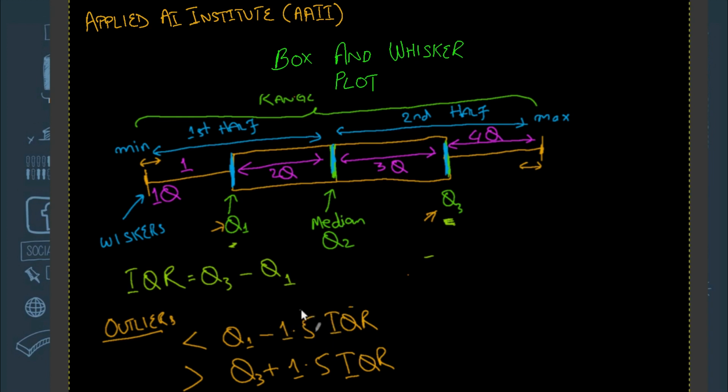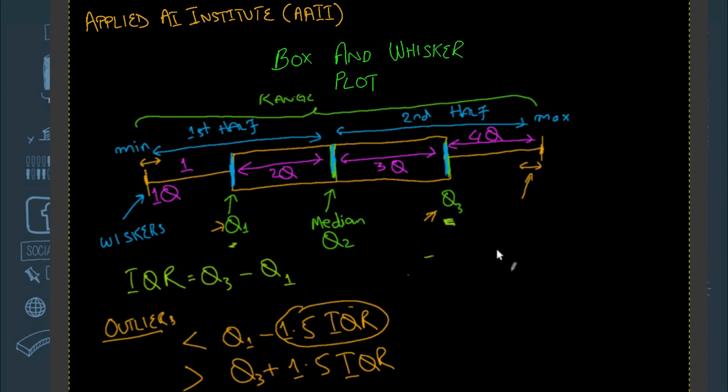These numbers are generally what statisticians tend to agree on. This is just a basic general idea of categorizing the outliers.